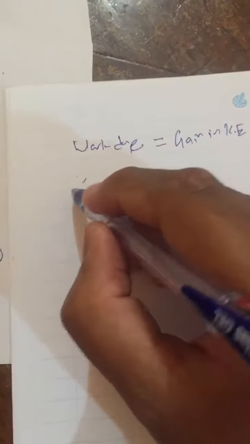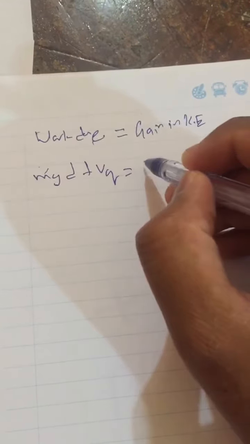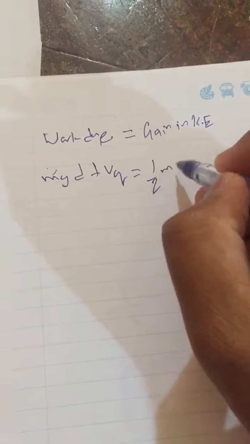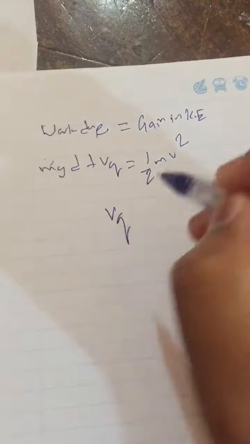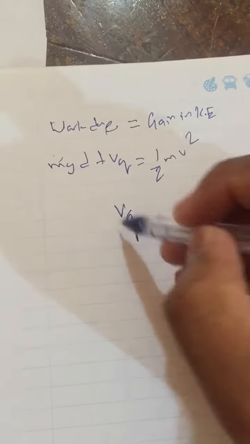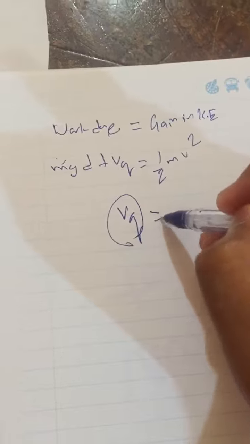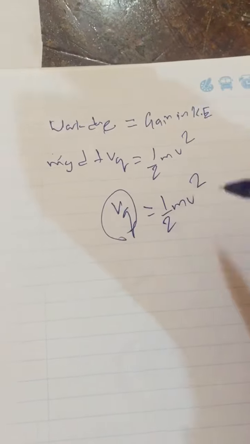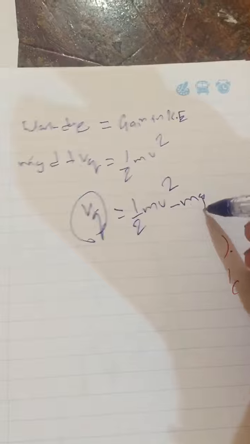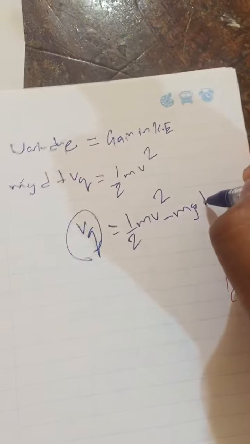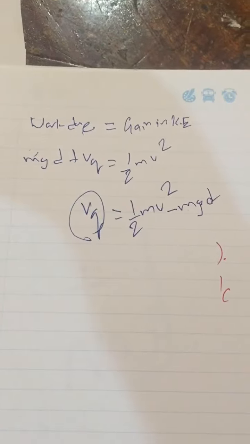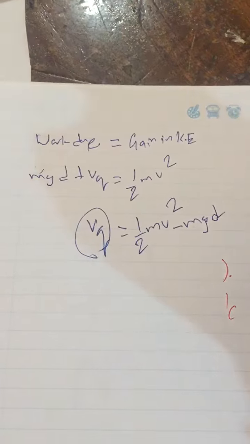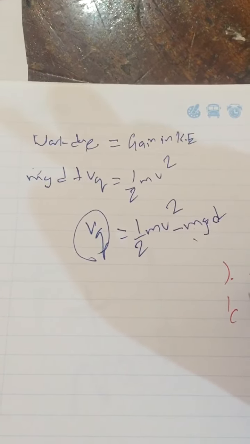So this work done, mgd plus Vq, is equal to half mv squared, right? So if you try to find the work done by the electric force, that would be equal to the gain in kinetic energy minus the loss in potential energy.